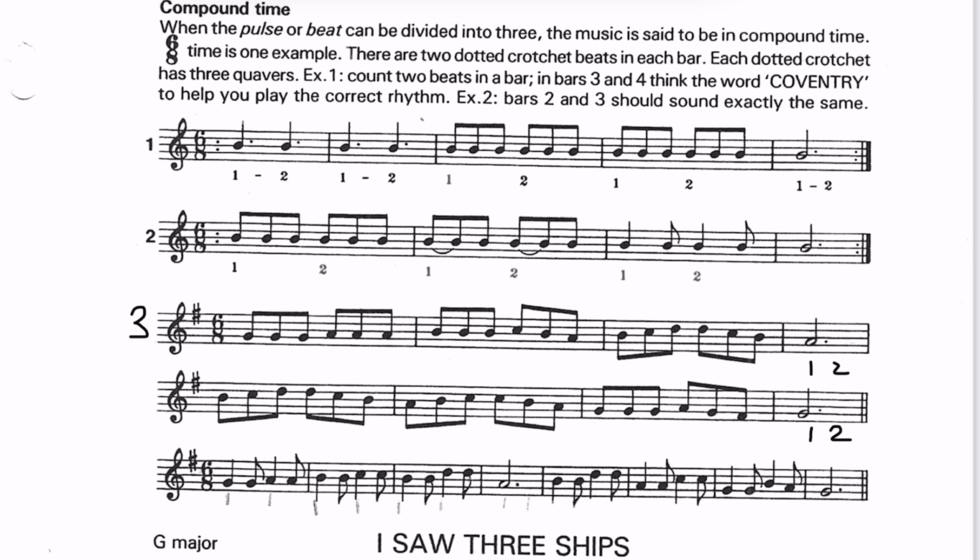1, 2, 1, 2. Da da da da da da da ha ta da ha ta da da da da da. Pause the video and try it yourself. Now I will play it for you. 1, 2, 1, 2.